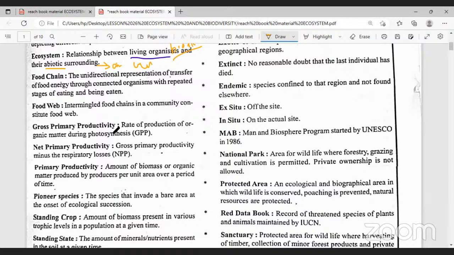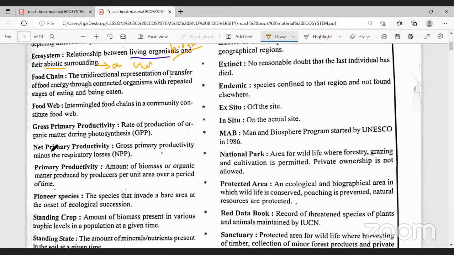Organic matter means starch, protein, lipids, all those things produced by the plants. The rate of production of organic matter during photosynthesis is called gross primary productivity.